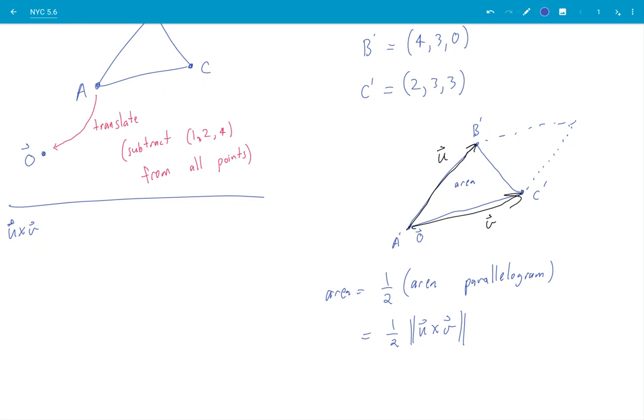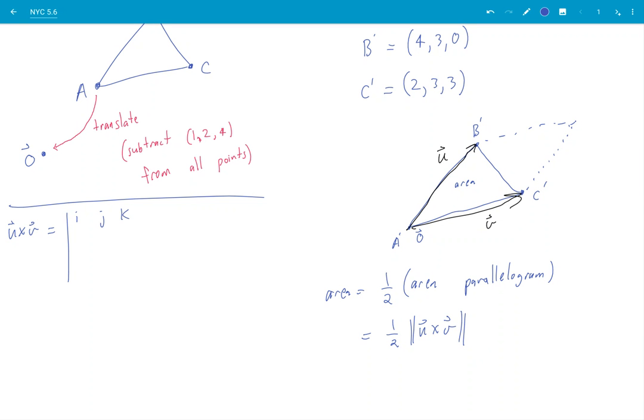My problem, why I'm pausing here, is I have the u cross v, which involves a determinant, and then outside I have this length, and it's nested and it's not fun. So I'm going to do them separately.